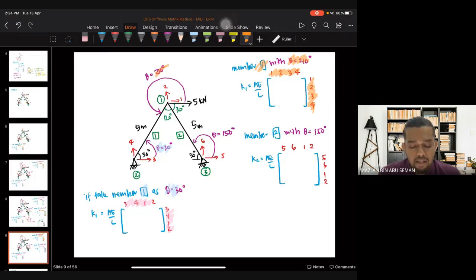Similar with the structure stiffness matrix. Alright, any question? That's what you have to do for this week. So for today, you have to do problem 4. If you are able to solve problem 4, try to do example 5. Example 4 and example 5 for this week. Alright, any question?